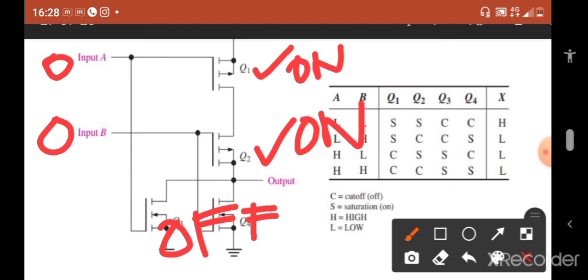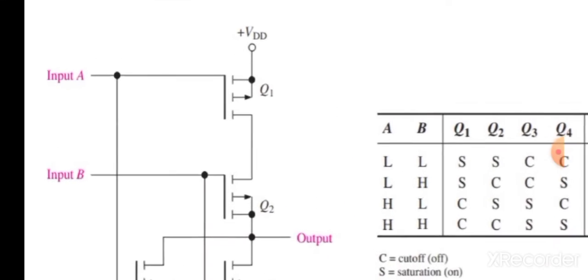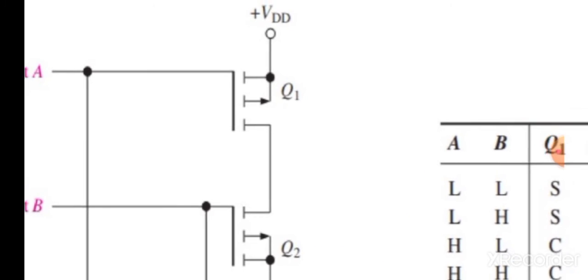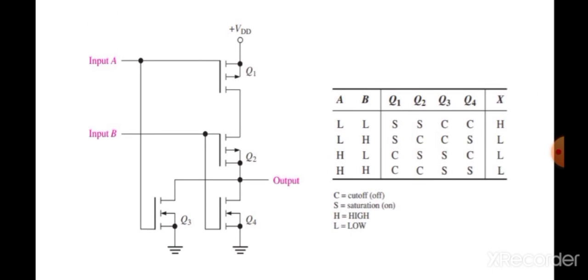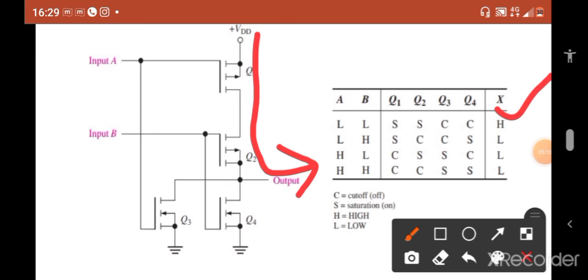Then you will be getting the output as high. Why? We can see plus VDD. So this plus VDD voltage will appear across the output, and the output will be high.